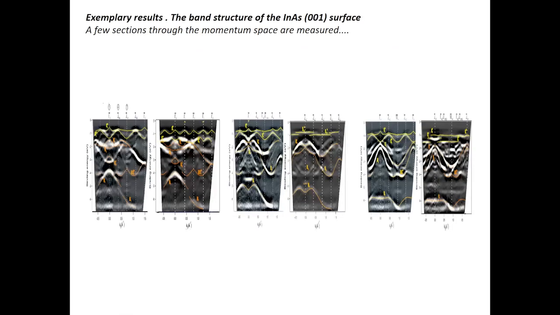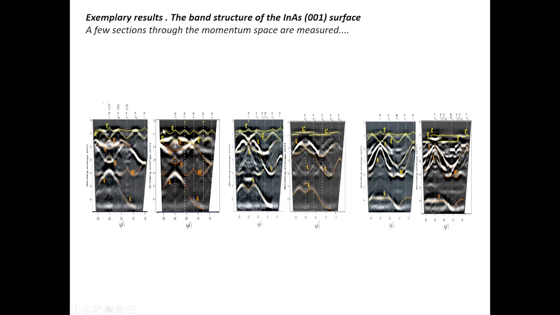So then exemplary results, I'm already finishing. Here you see the band structure of an indium arsenide surface. And of course, a few sections through the momentum space, or k vector space, are measured here. You can see many bands, and you can see different periodicities, for example, here.